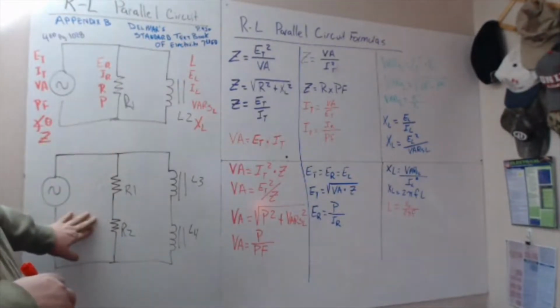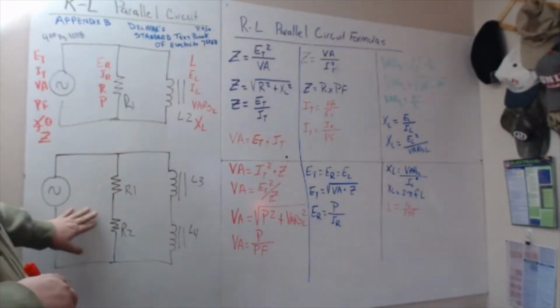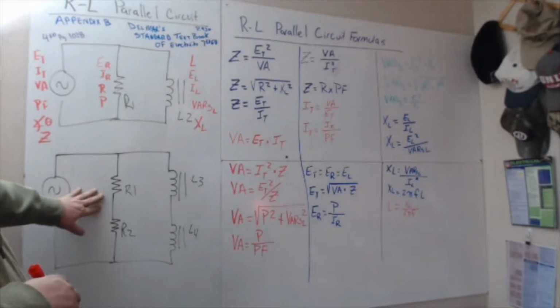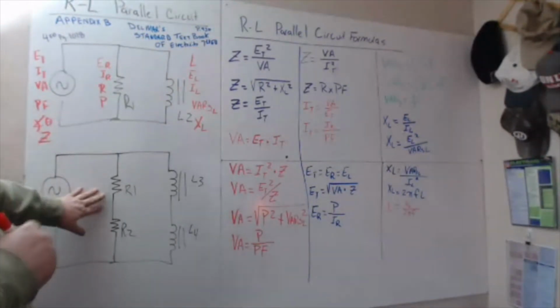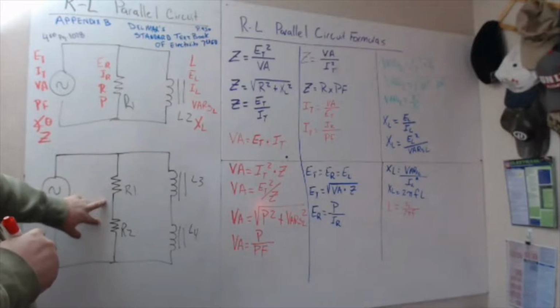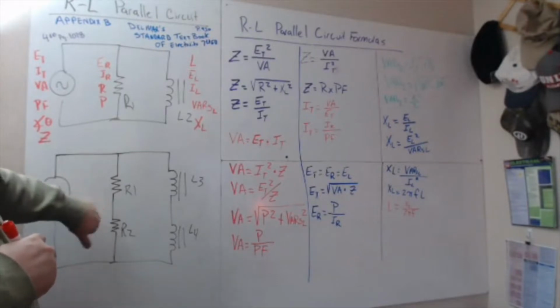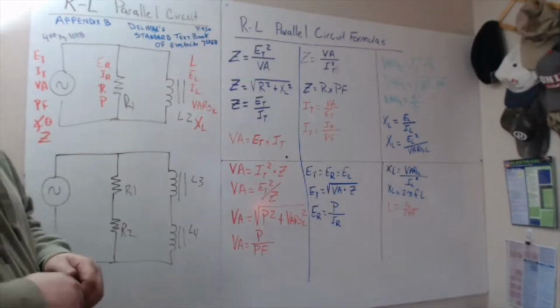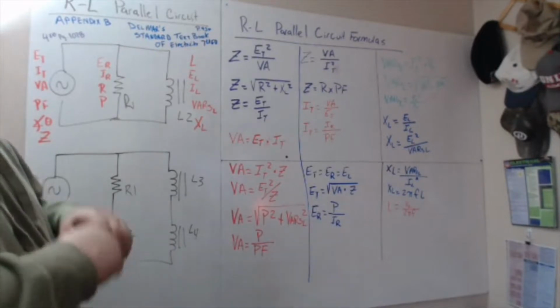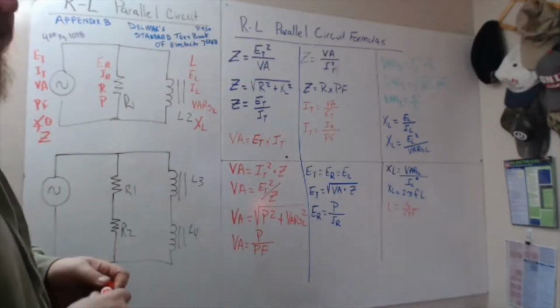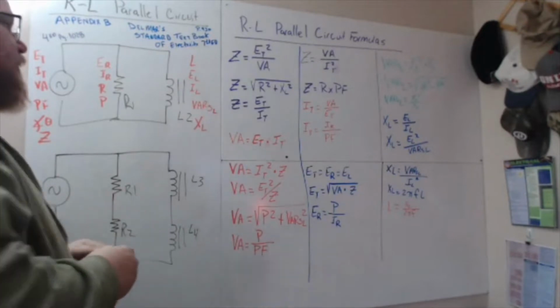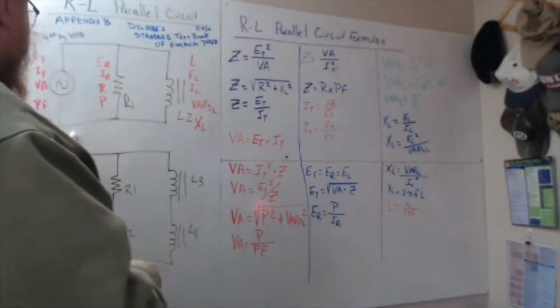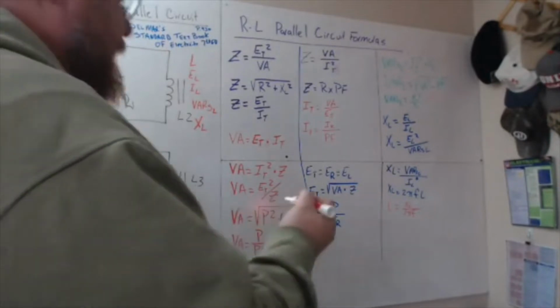This one is a little more complicated. With this, we have 2 resistive loads in series that are in parallel with 2 inductive loads that are in series. It could get far more complicated than this, but we're not going to go there yet because we don't need to at this point.